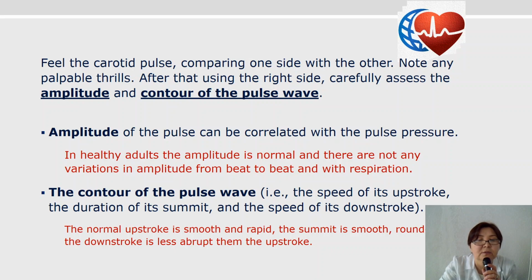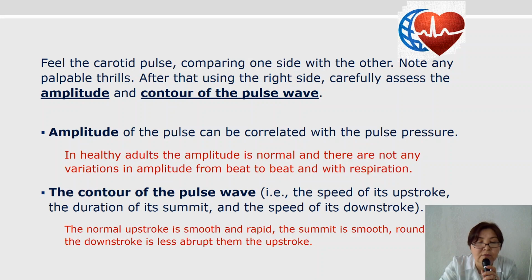After that, using the right side, carefully assess the amplitude and contour of the pulse wave. Amplitude of the pulse can be correlated with the pulse pressure. In healthy adults, the amplitude is normal and there are not any variations in amplitude from beat to beat and with respiration.